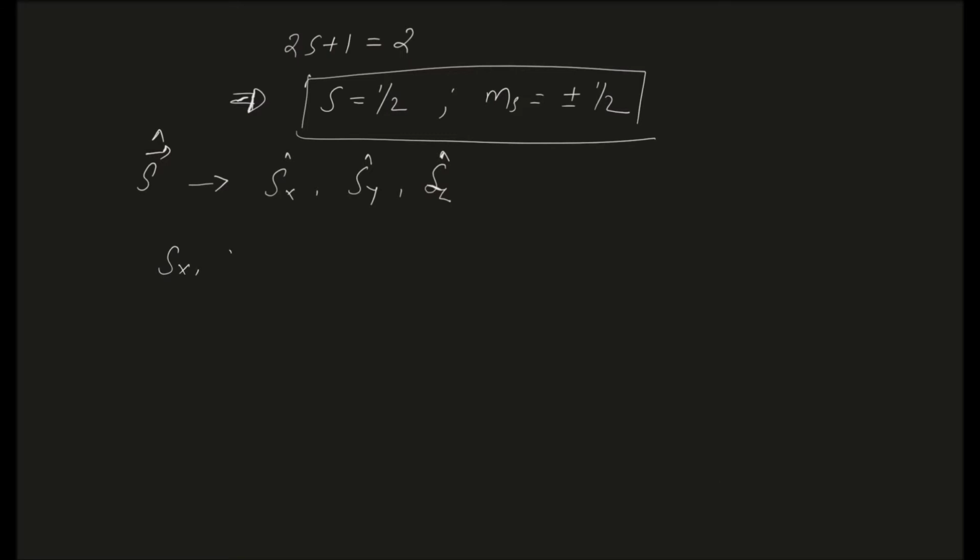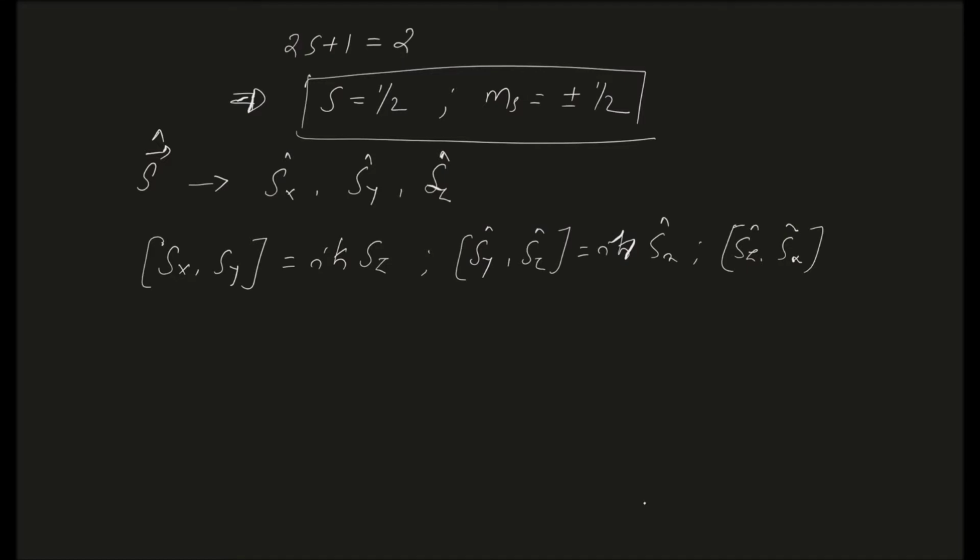The commutator [S_x, S_y] is given by i h-cross S_z, and the commutator [S_y, S_z] is given by i h-cross S_x, and the commutator [S_z, S_x] is equal to i h-cross S_y.